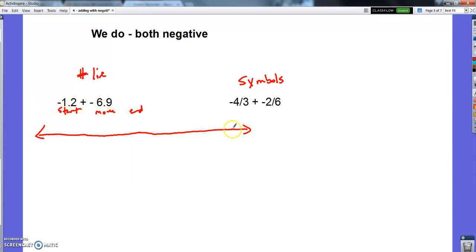These are both negative, so I'm just going to only leave myself negative space here. And I'm going to start at negative 6 9/10, and I'm going to move 1. Oh, I'm sorry, other way around. Almost messed that up. I'm going to start at negative 1 2/10, and I'm going to make 6 moves in the negative direction. 1, 2, 3, 4, 5, 6.